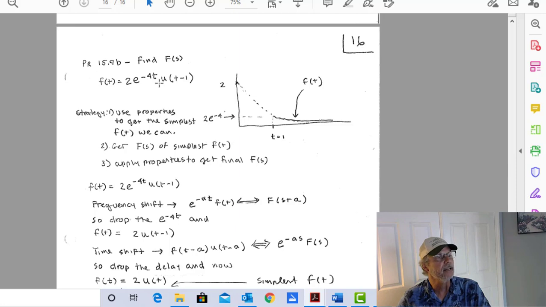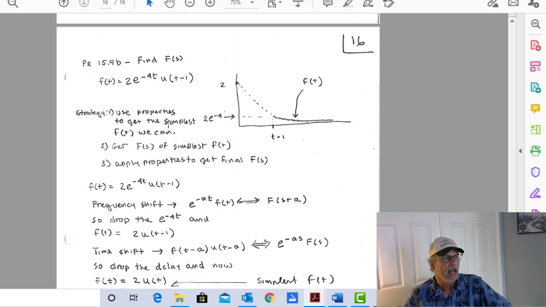Why? Because that's where the function actually starts because of my unit step function. Remember, my unit step function goes 0, 1. So my function, as described here, is just this little thing, all the way down to 0. So let's make sure we know what it is at time equals 1.